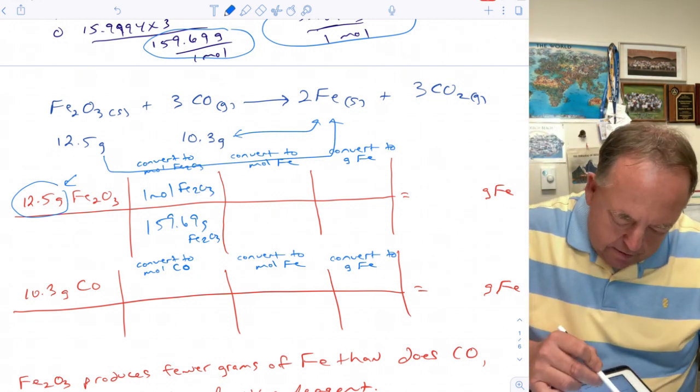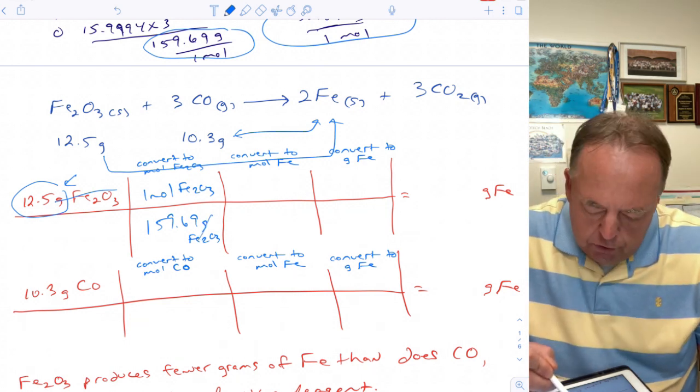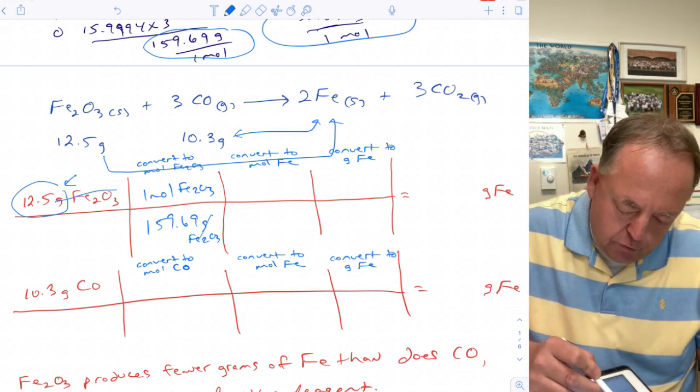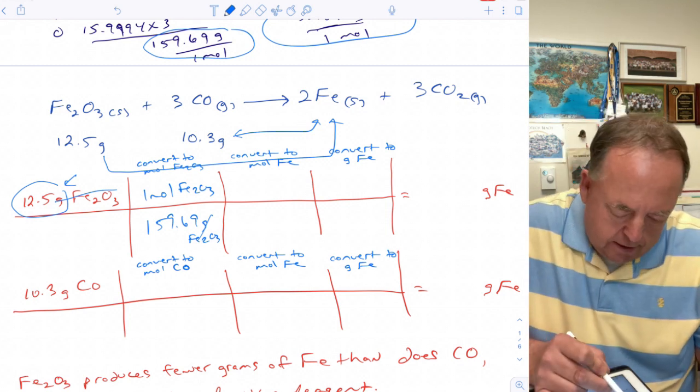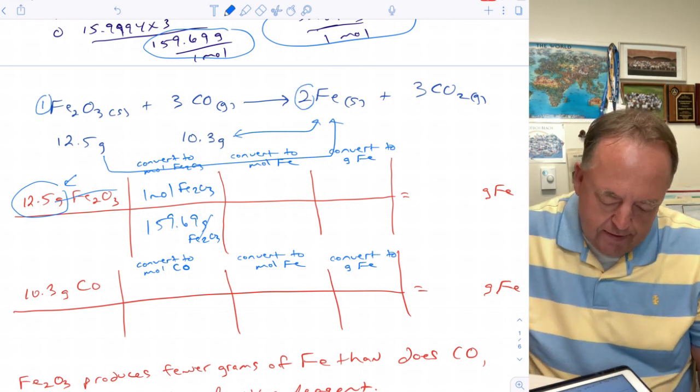Now grams of Fe2O3 will cancel out, and we have moles of Fe2O3. Now I'm going to convert from moles of Fe2O3 to moles of iron, and to do that, we use the molar ratios, 1 to 2.